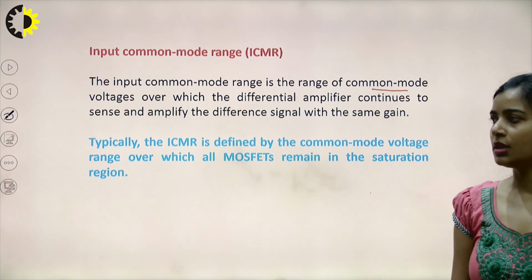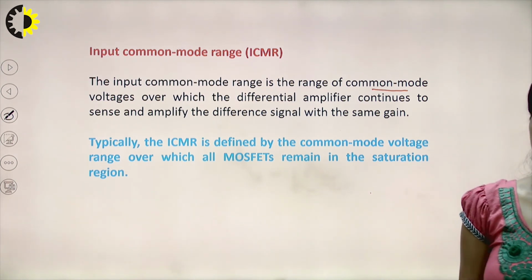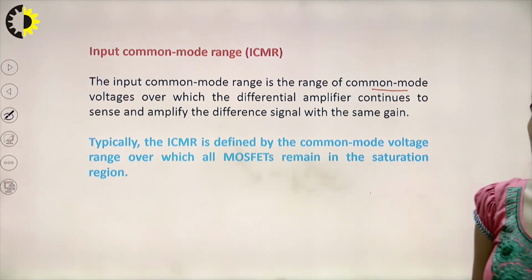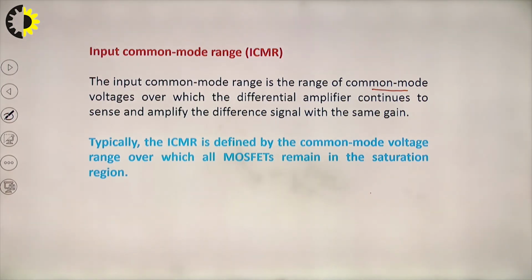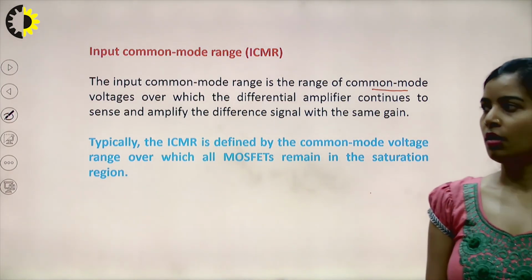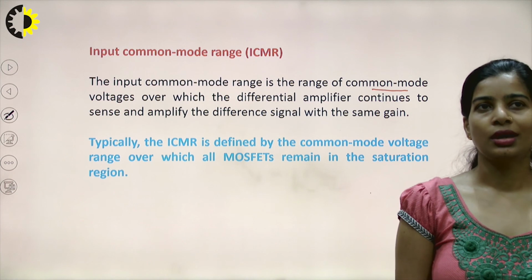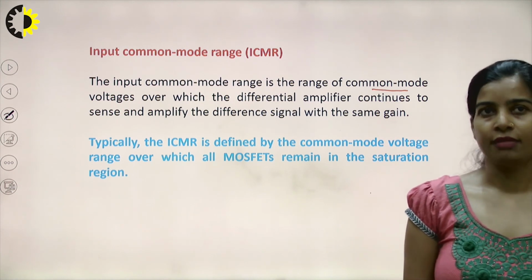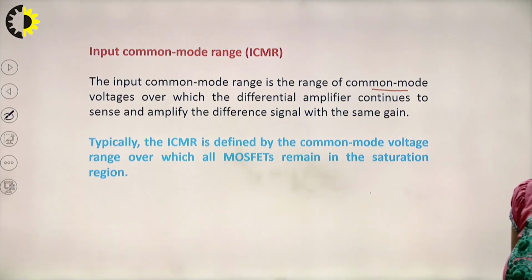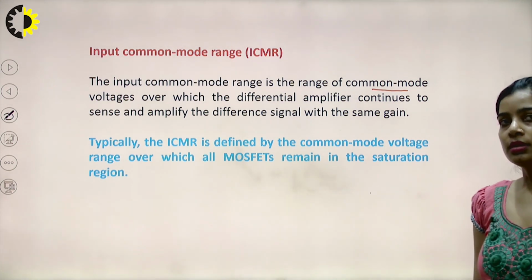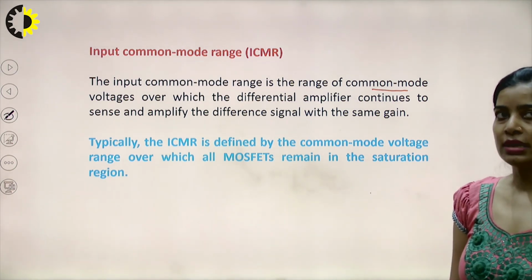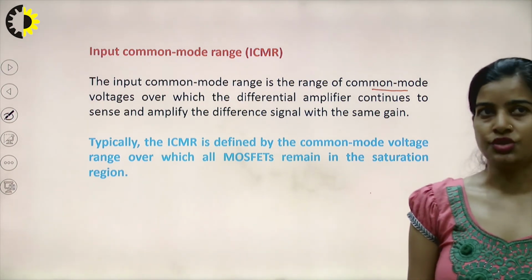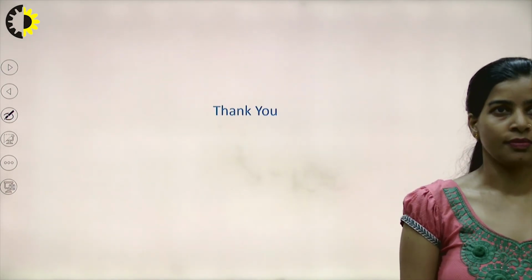So, this term is associated with MOSFET. With the BJT, we have seen CMRR, that is common mode rejection ratio. For common mode rejection ratio, a higher value is desired; an infinite value of CMRR defines that the filtering of the common mode signal is best by that differential amplifier. Thank you.